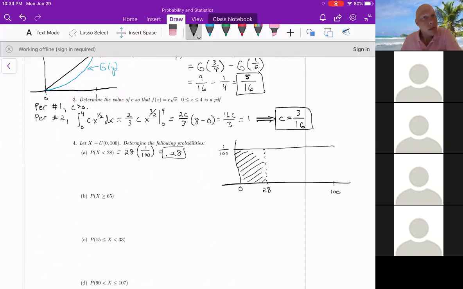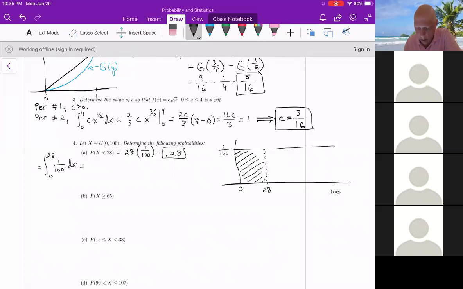But let's go through and actually use integration. So this probability is the integral from 0 to 28 of the PDF or f of x function, which we got to be 1 over 100, dx.